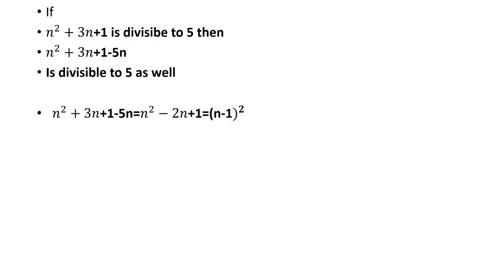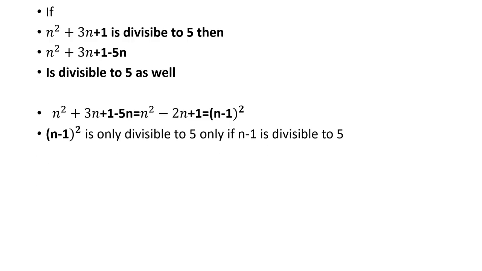Otherwise, it is impossible. So I should be able to write n minus 1 as 5k. If I write n minus 1 as 5k, my n is going to be 5k plus 1.